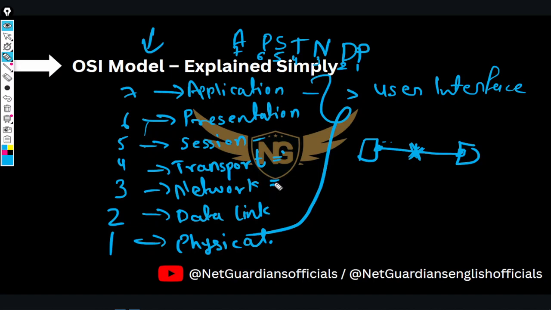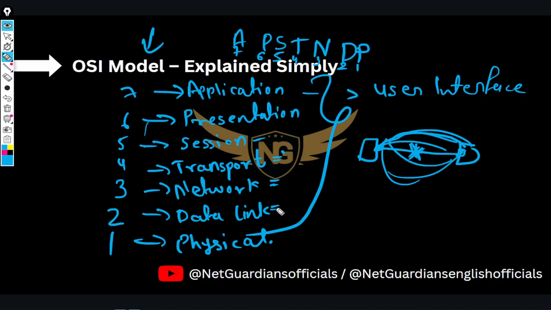Network layer works to find the best route for you. For reaching the destination there are lots of routes, so it checks on which route we can go so that it's more reliable and we can reach faster. The network layer picks that route for you.